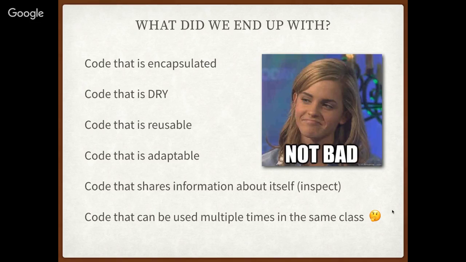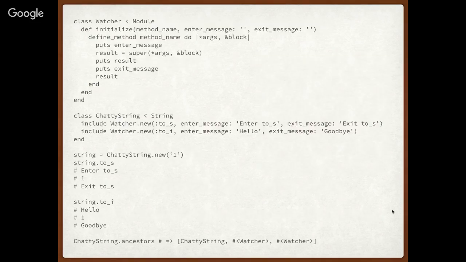It's not bad. And the other interesting thing about this is that regularly you never include the same module in your class twice, right? Why would you? What's the point? But what if I did something like this?